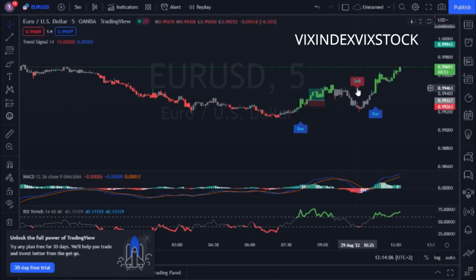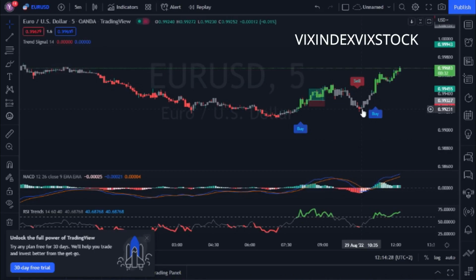There we had a sell signal, but the selling candle actually came late here, and we would have probably lost this trade if we'd entered a sell trade there. But that's just part of the trading game.